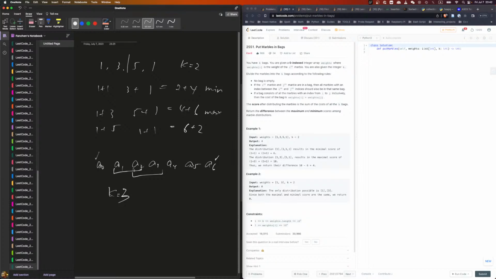Which means if we have a situation like this, we pick the max. That's actually okay. If the max pairs do not overlap, perfect. We're done, right?